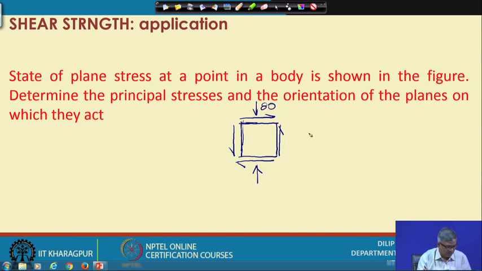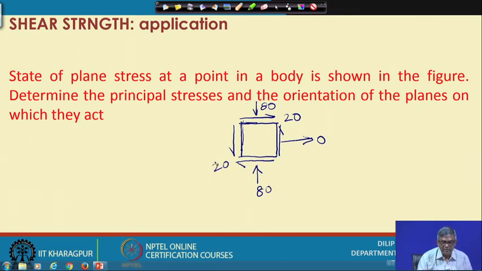There is no normal stress on the other face, I can say it is 0, and there is a shear of 20. Obviously, if this is 80, this is also 80, and if this is 20, this is also 20. So, this is the problem.